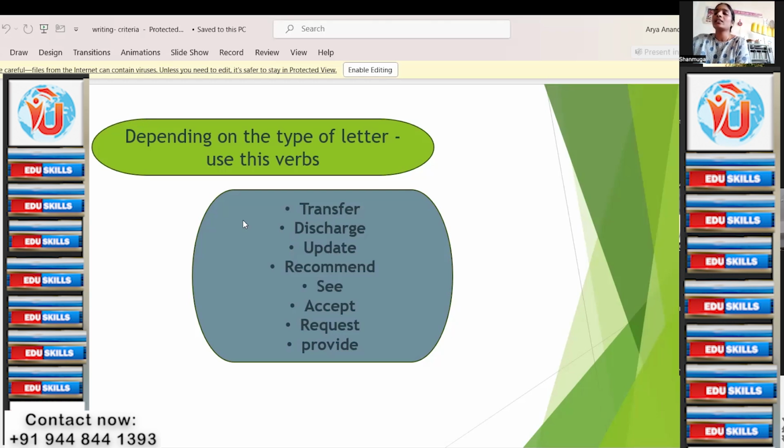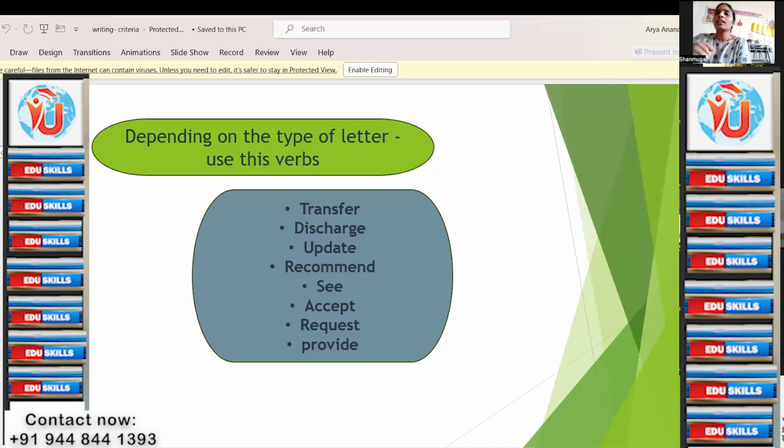You can write your letter to recommend, update, see, or accept, or to request a home visit, for example: "I'm writing to request a home visit." Use these verbs in the introduction paragraph, in your writing purpose.